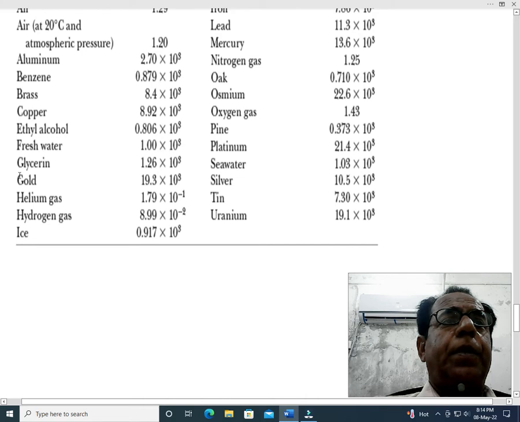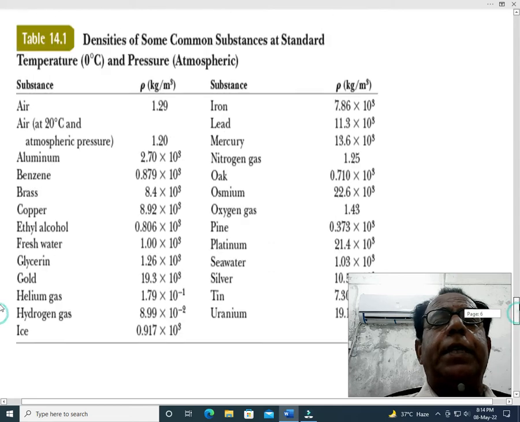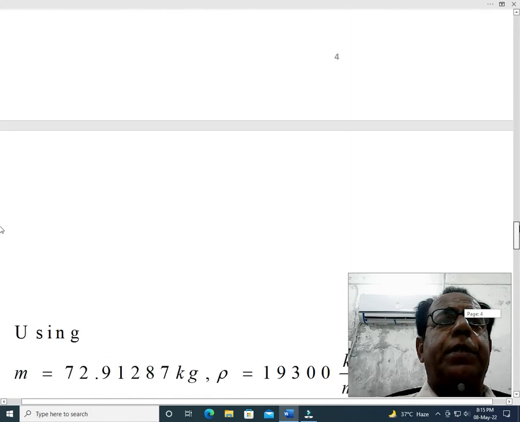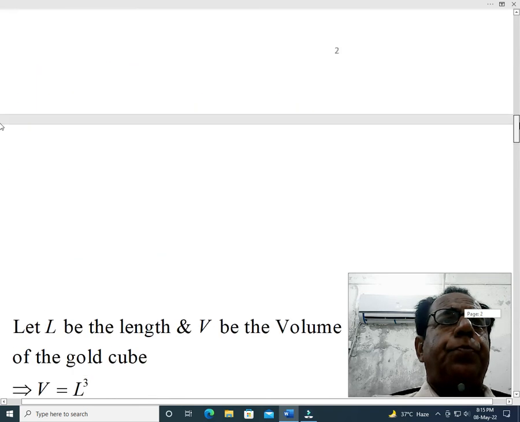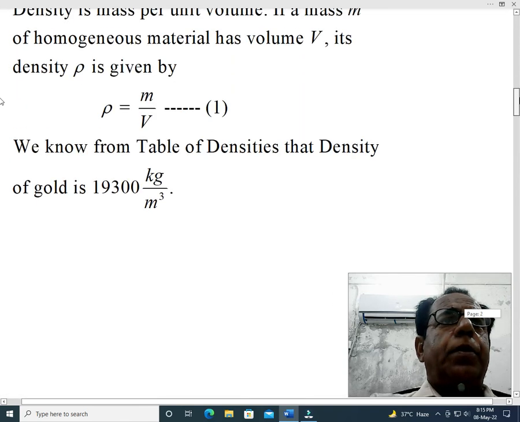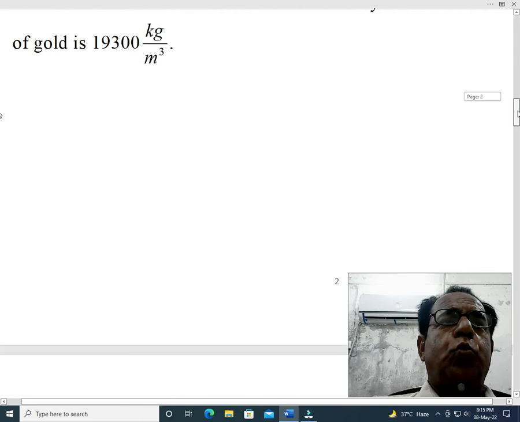We have used this so many times, but for the removal of any doubt, I have once again shown the table in which the density of gold is given.